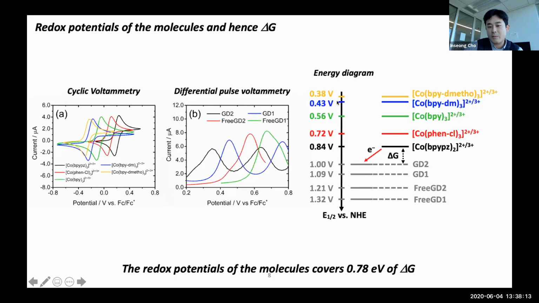So the energy diagram on the right-hand side of the slide shows the redox potentials determined by these electrochemical methods, and they show the delta G of these compounds covers 0.78 electron volt. That allows us to have a look at the electron transfer rate at this wide range of delta G, so that we can distinguish some parameters from the others.